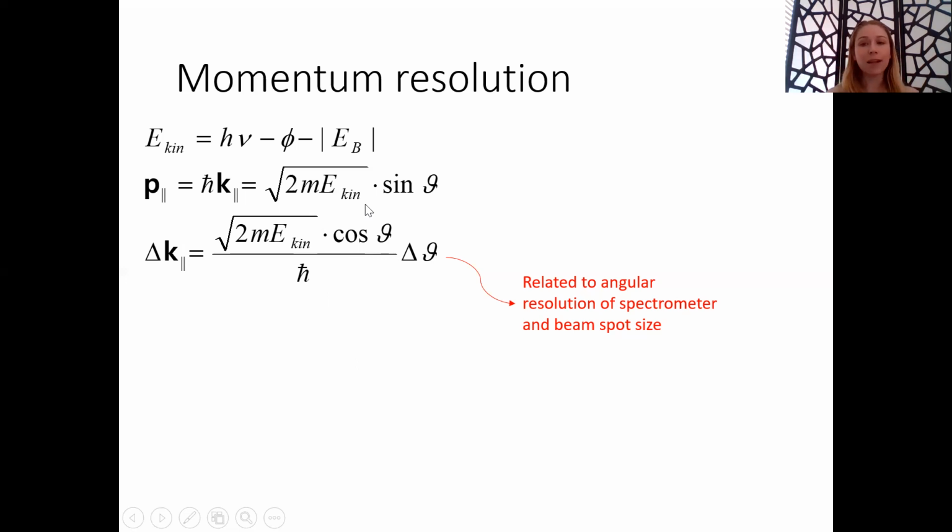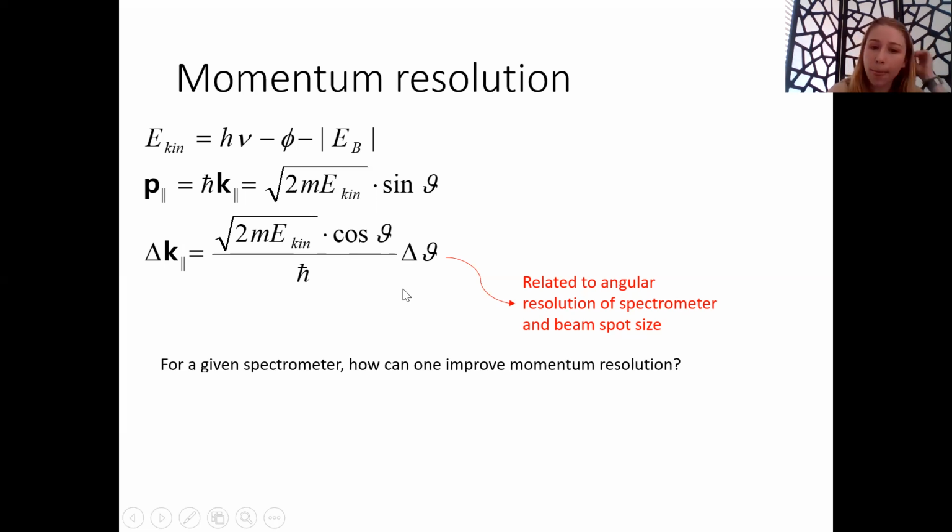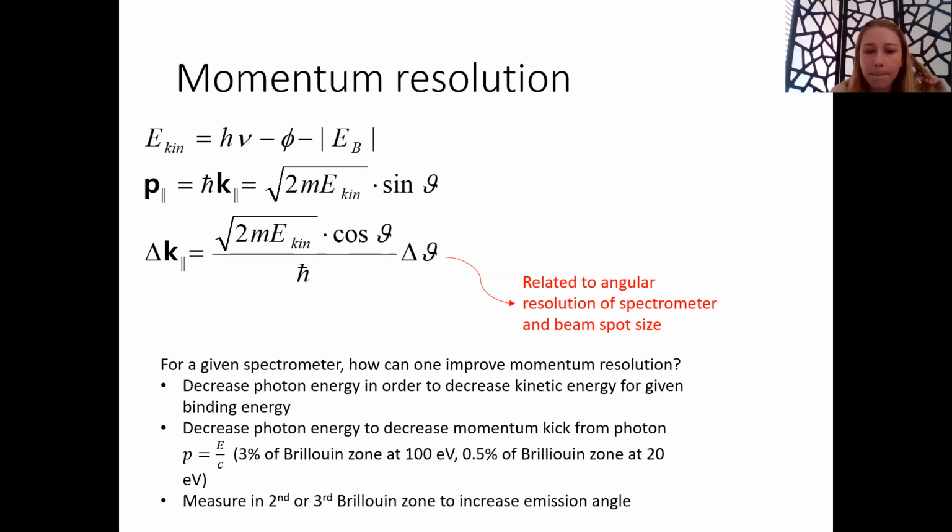What this means in practice is that at the lowest emission angle you access the first Brillouin zone, but in the second Brillouin zone there is equivalent information. If you measure in the second Brillouin zone, you're at higher k and higher emission angle, and the cosine is going to be smaller, so your momentum resolution is going to be smaller there as well.